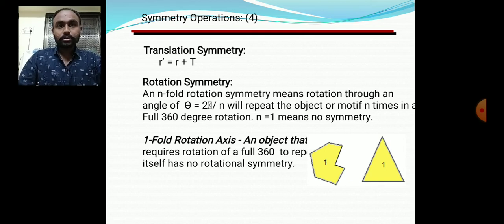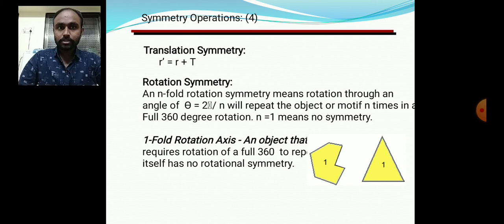First, on this particular slide, you can see translational symmetry, and only one equation is written there: r' = r + T. Don't worry, I am going to explain what r' = r + T is. If you remember the first lecture, there we also had the same equation, and we used it to check whether the given translational vectors are primitive or not.